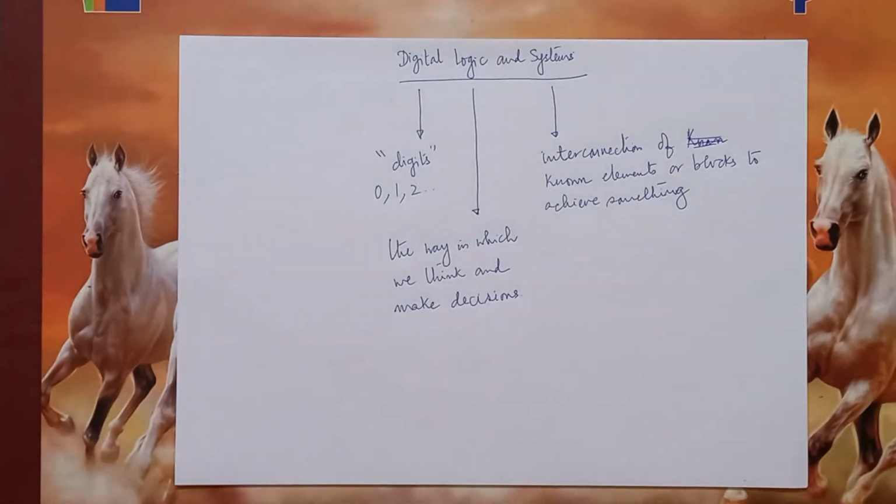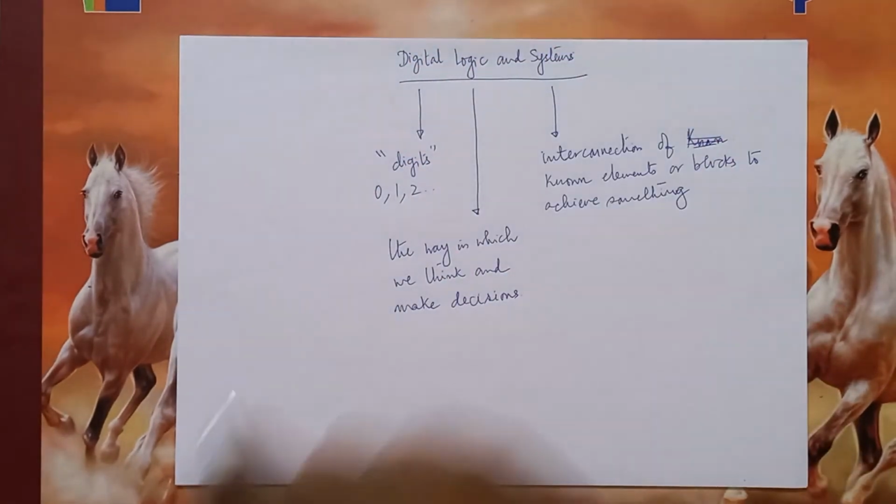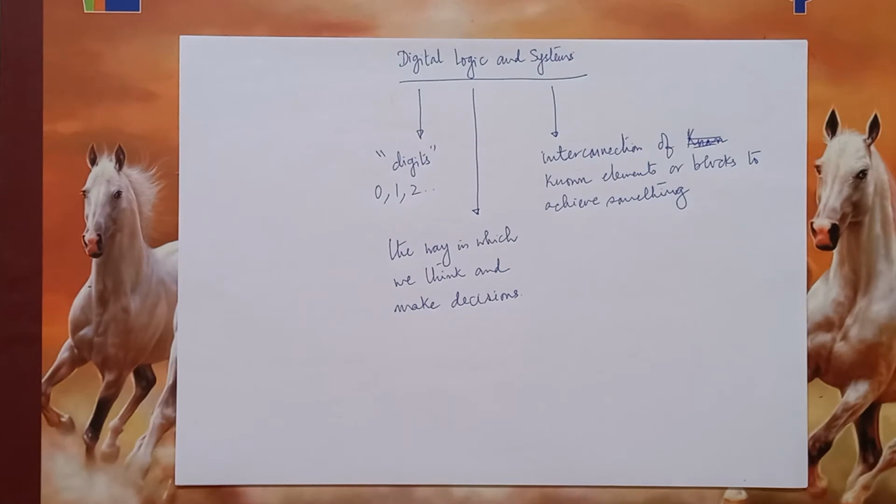Now, all these words that we just discussed, we are going to look at them in an electrical sense or an electronic sense. We are going to try to design systems which are electronic, and we are going to try and take a look at the means needed to use these things called digits as well as logic to arrive at certain systems to accomplish certain tasks.